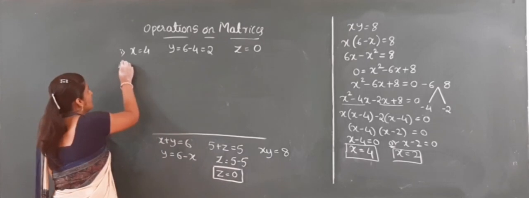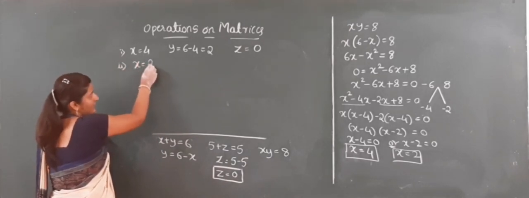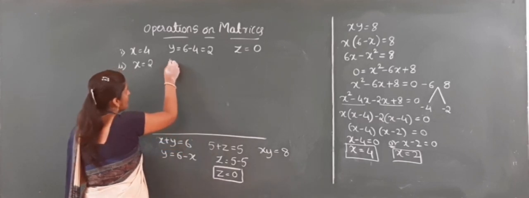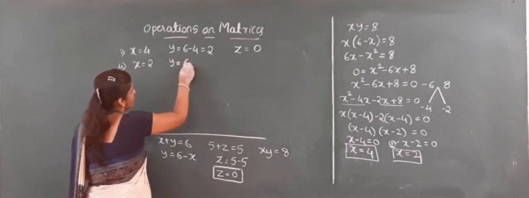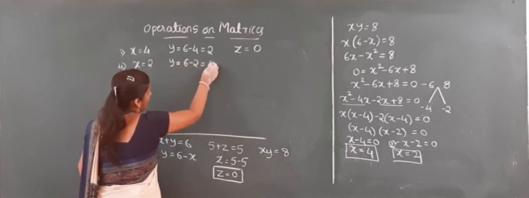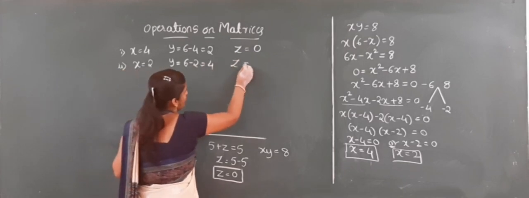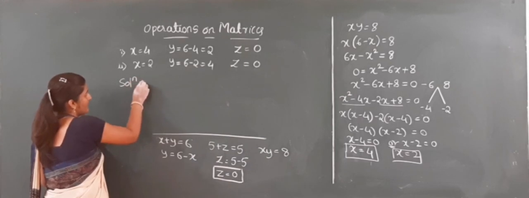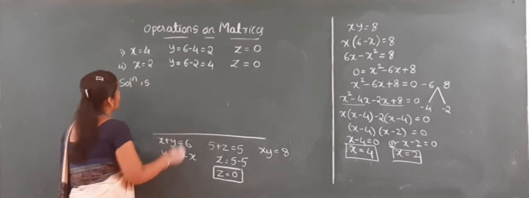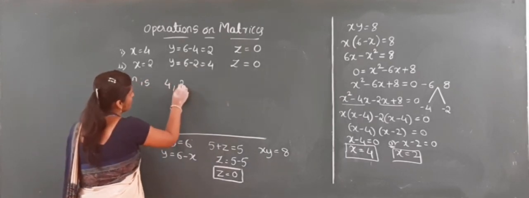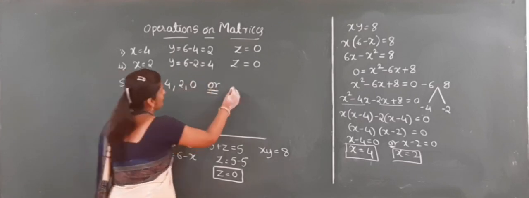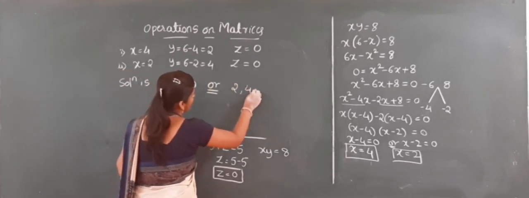Here are the two conditions, whenever x equal to 4 or x equal to 2. So for x equal to 2, y is 6 minus 2, that is 4, and z equal to 0. So our solution is x, y, z values are 4, 2, 0 or 2, 4, 0.